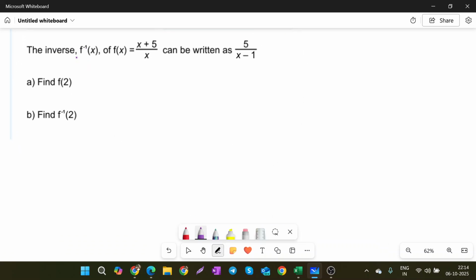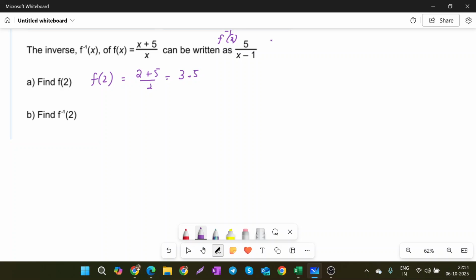Let's see. They've given us the inverse, f inverse can be written as... oh okay, that is where it can get a bit tricky. So this here is your f inverse. So we need to find f of 2. f of 2 seems easy, so all you've got to do is replace your x with 2 in the first one. So that would be (2 plus 5) over 2, which should be 3.5.